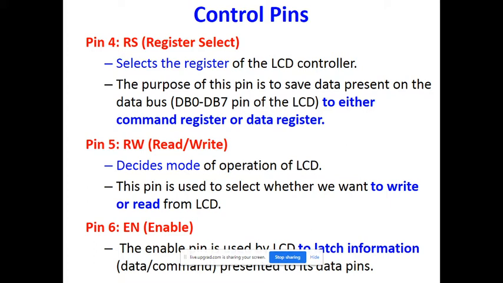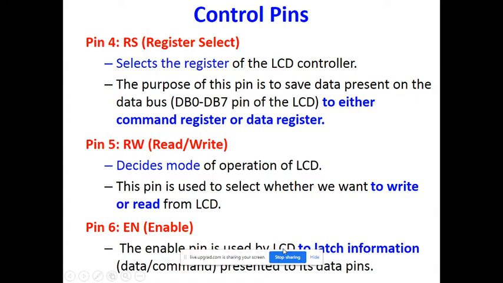Next pin is the enable pin. Here the information is latched into either the data register or command register, and that depends upon the EN pin, that is the enable pin.